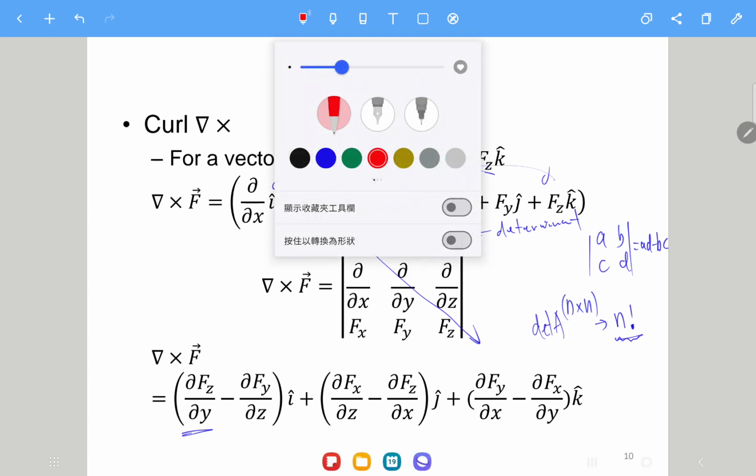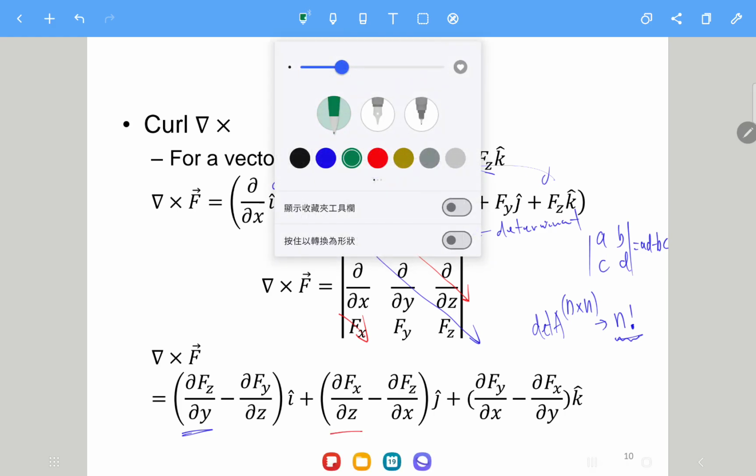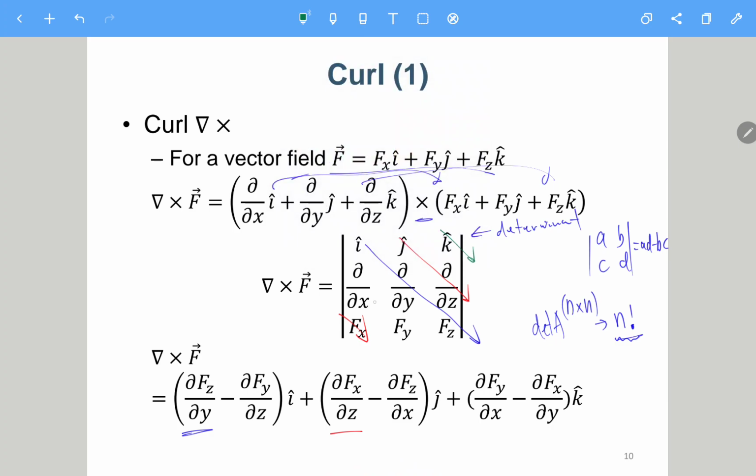Let me change to another color. The next one, j hat: you go to here. j hat partial z fx. This term. Then with another color, we have k hat, and these two: k hat partial x fy.